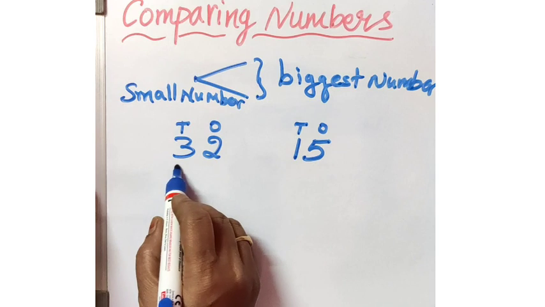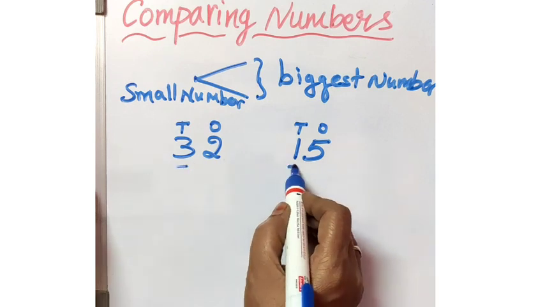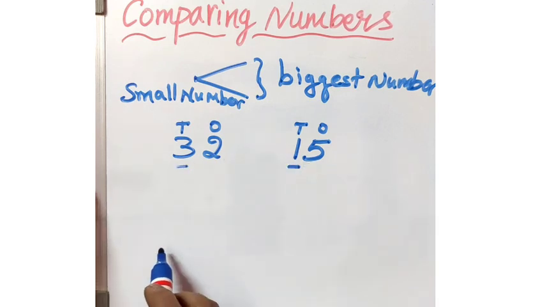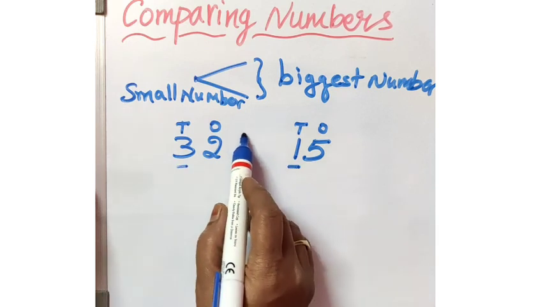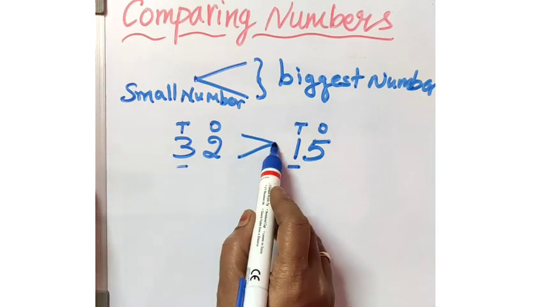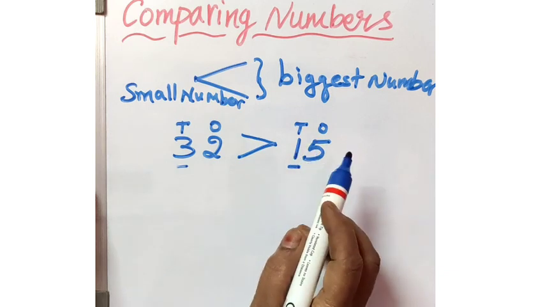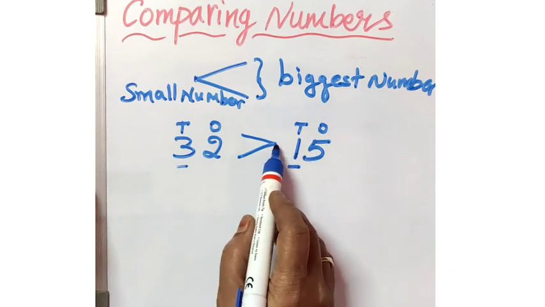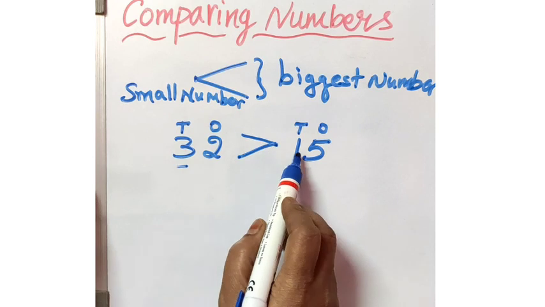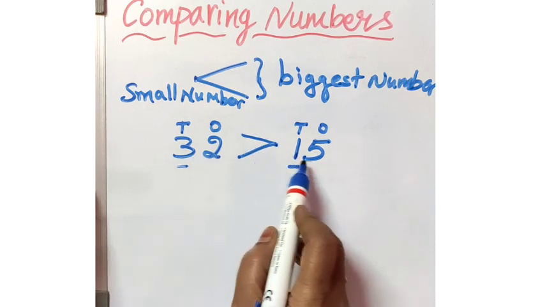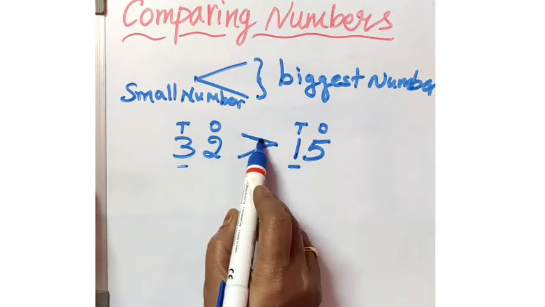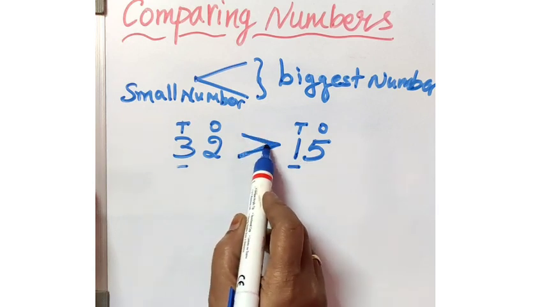Here in tens place we have 3 and here in tens place we have 1. Now which is the smallest number? Is it 3 or 1? It is 1. So this pointed side should point to the smallest number. So 32 is greater than 15. This symbol is greater than.